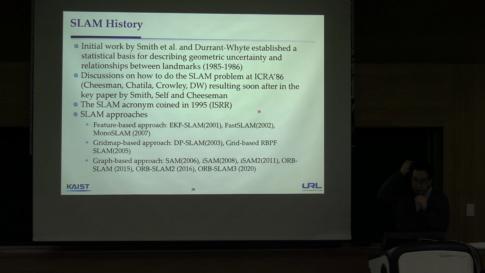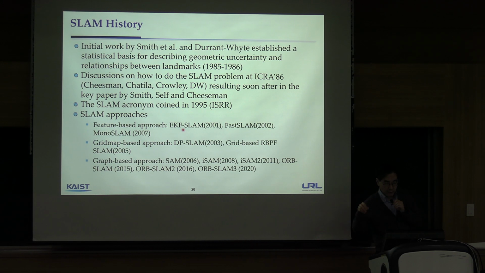SLAM actually started from very early years, like 1985. This term appeared in 1995, and the first SLAM approach appeared in 2001. It's about 25 years ago it first started. That was the birth of EKF SLAM.